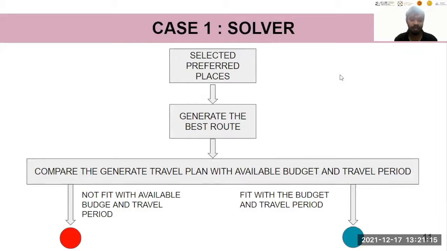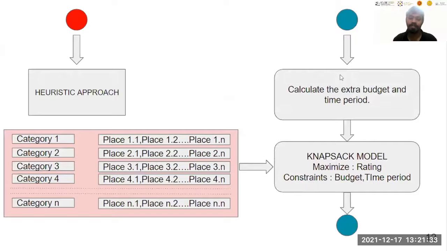If it doesn't fit, we use the heuristic approach to eliminate the places with the lowest rating and find the best tour plan with the maximized rating within their budget and time period. If the prepared tour plan fits the budget and time period, we calculate the extra time and budget they have. Then we use the knapsack algorithm to pick some places from the categories they have selected to use up the extra budget and extra time period.